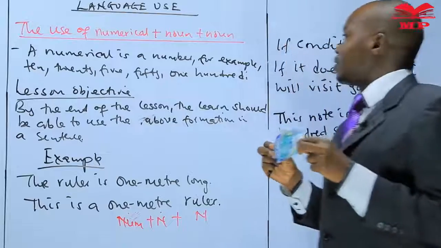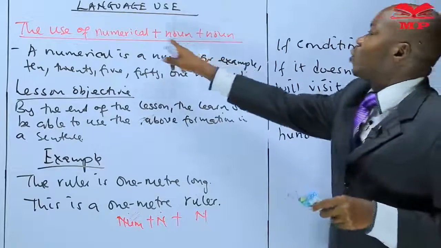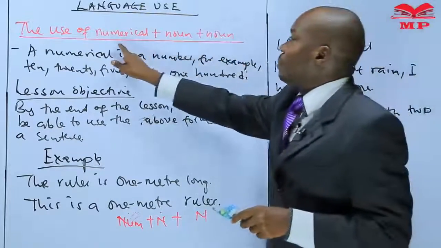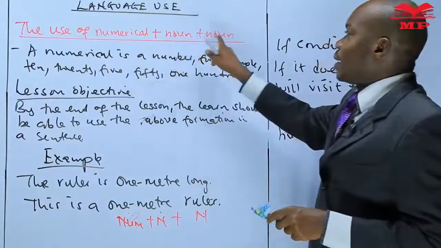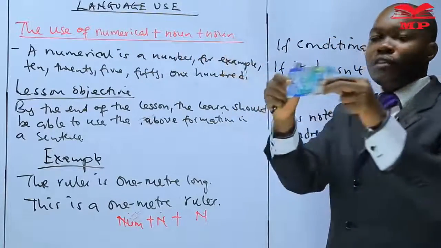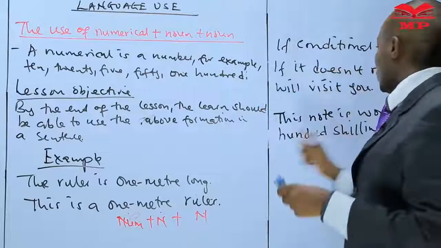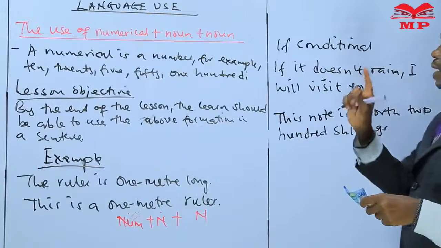Now we can change this sentence so that you have this order, so that you have a number, a noun, and a noun. A note is a noun. 200 is a number.